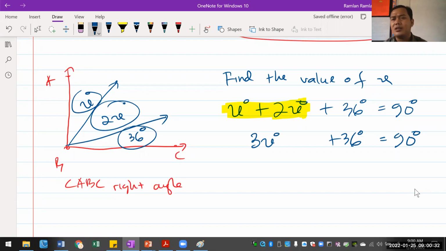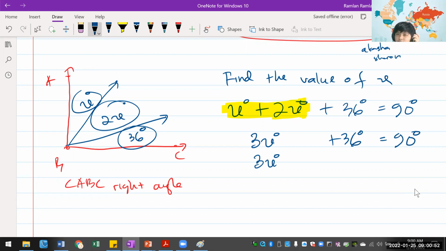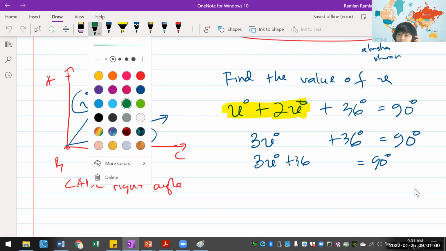What do we do after this? Please, Akasha, maybe you can help. Yes, your turn. So we're going to make the 36 disappear. How do you do that? We minus 36 on both sides. Good. So there will be no 36 on the 3x side.